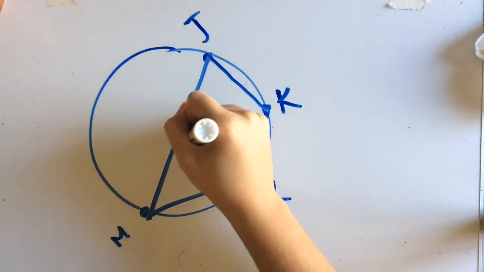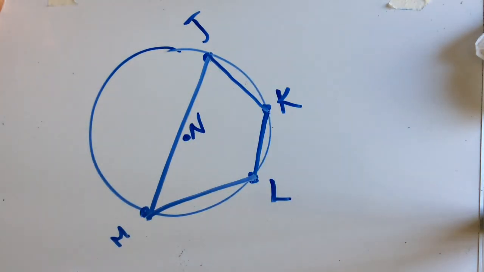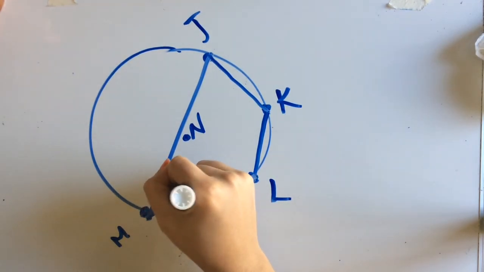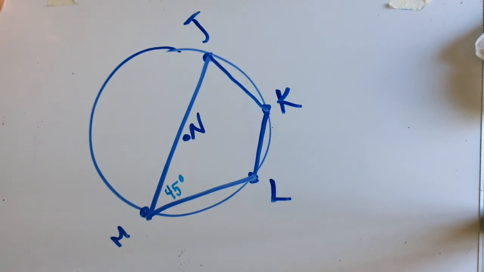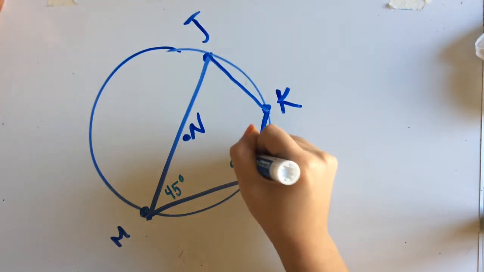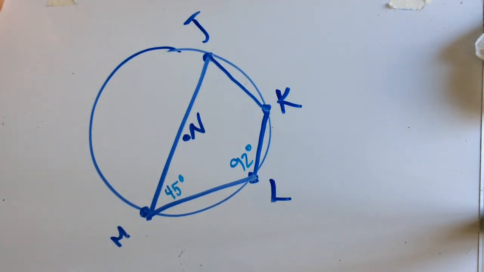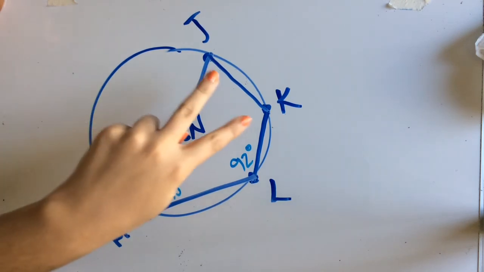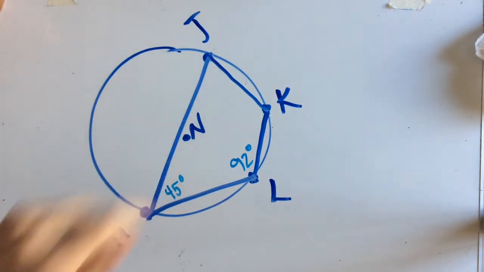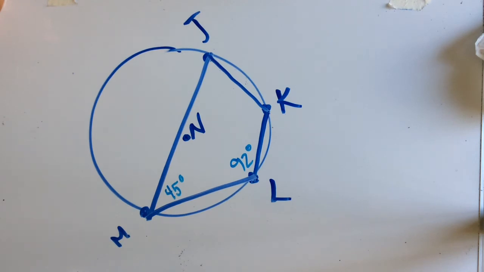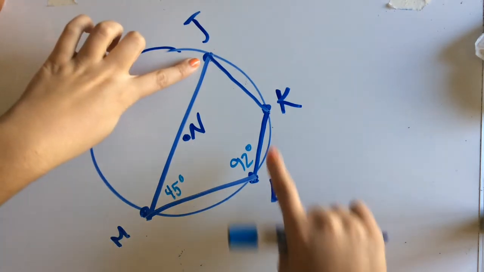Okay, let's say my center is point N, doesn't really matter. And this problem gives me some measurements. So it tells me that angle M is 45 degrees. Okay, it also tells me that angle L is 92 degrees. Okay, so I want to find these other two angles. I want to find the measure of angle J and angle K.